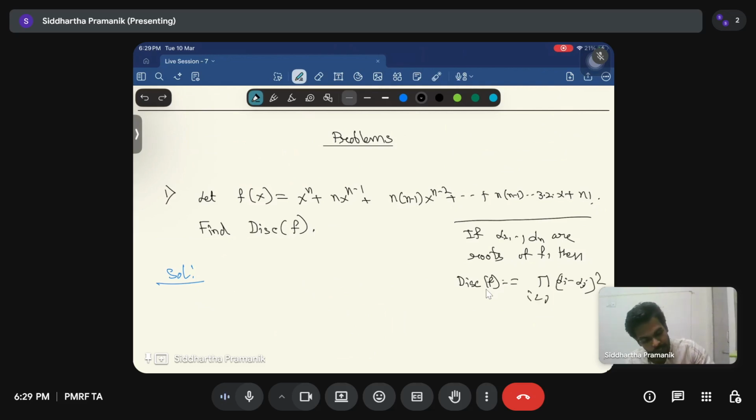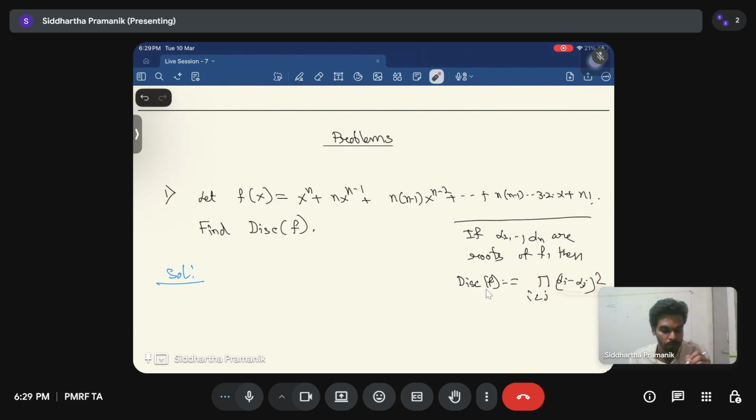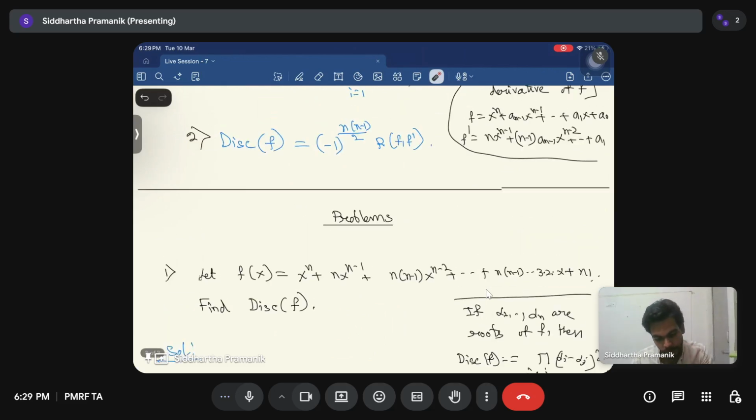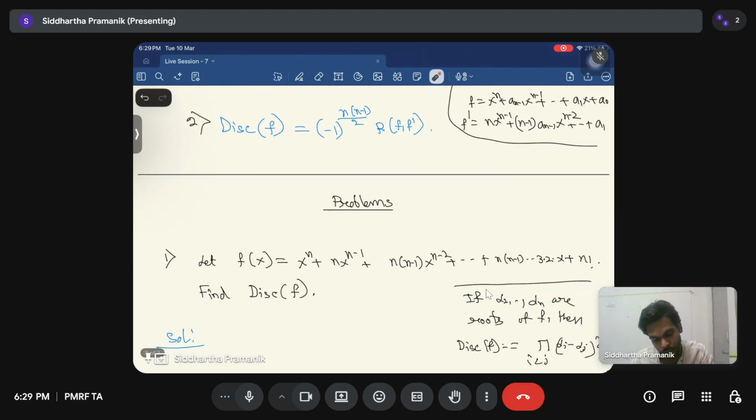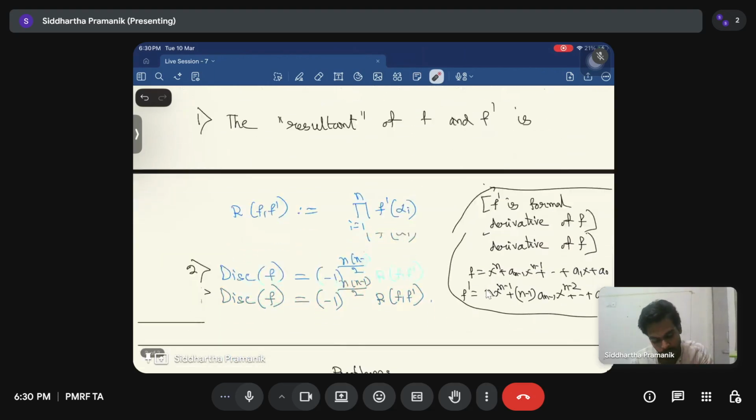Right, so this is the definition that we know. But to find the discriminant using this definition, we have to compute the roots, right? And to compute the resultant, we also sometimes need to compute the roots, but that's another way.